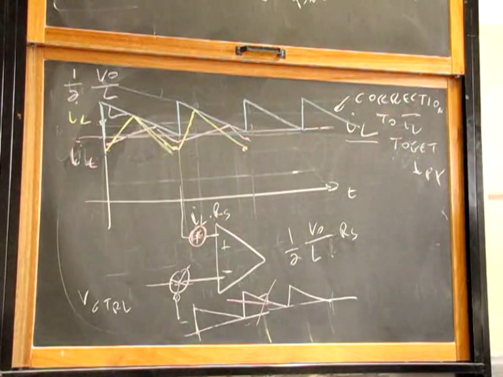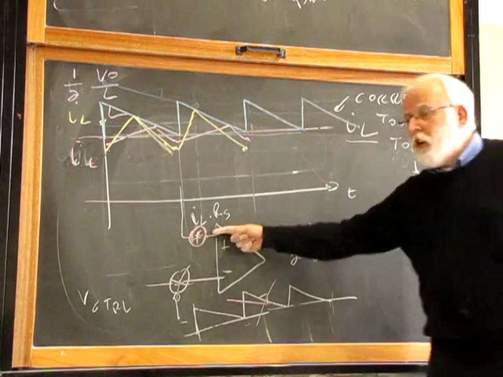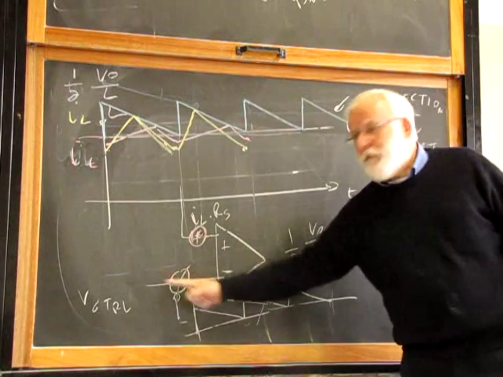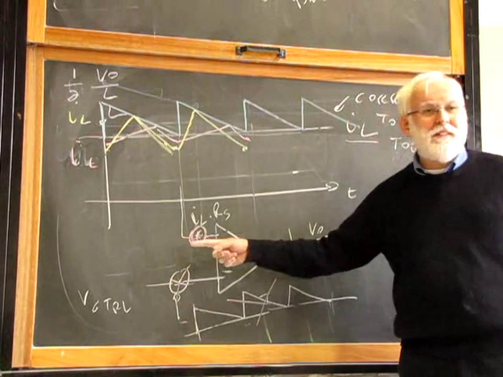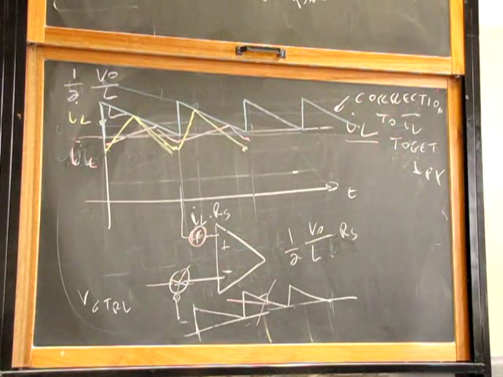But if we move to the other side of the comparator, what should we add? Comparator makes a difference. This voltage minus this voltage, like A minus B plus C. If I want to move the C on the other side, I have to have A minus C minus B.